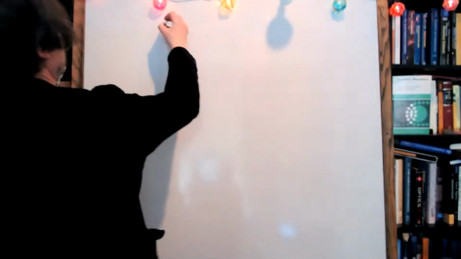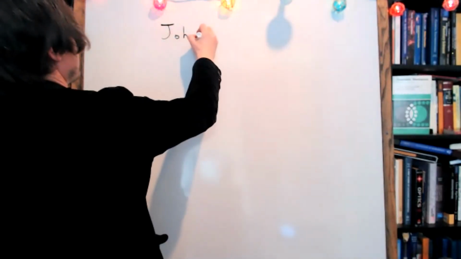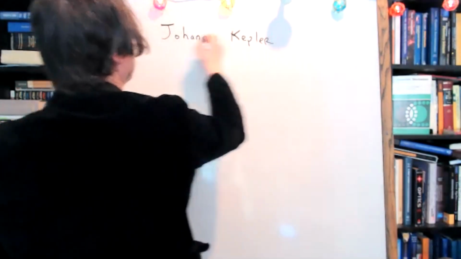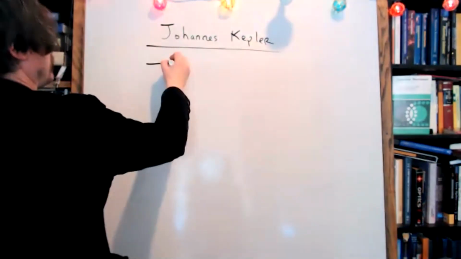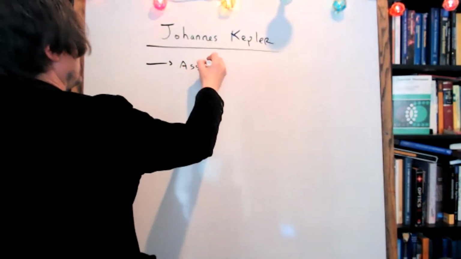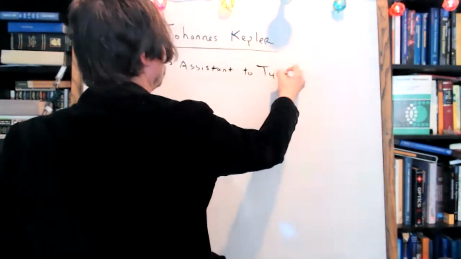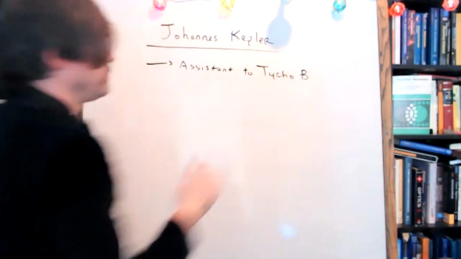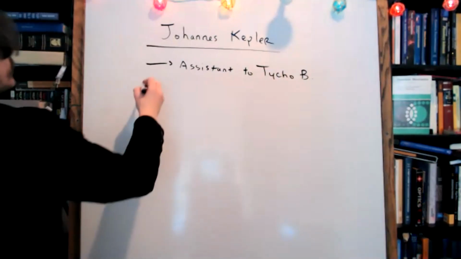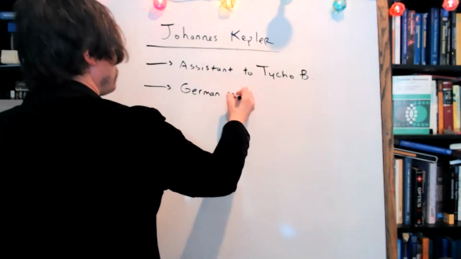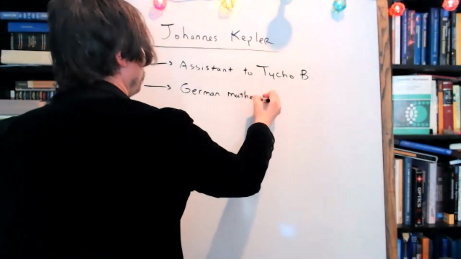Now it's time to talk about Johannes Kepler. Johannes Kepler was the assistant to Tycho Brahe. He was also a German mathematician.